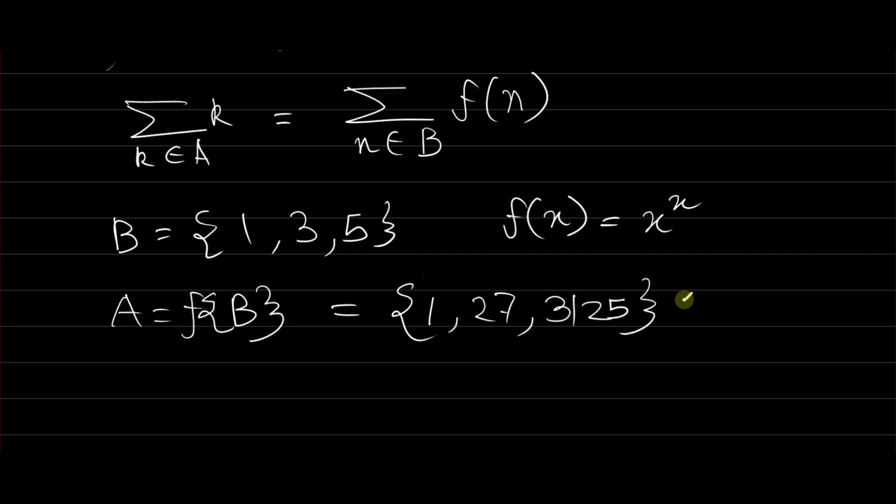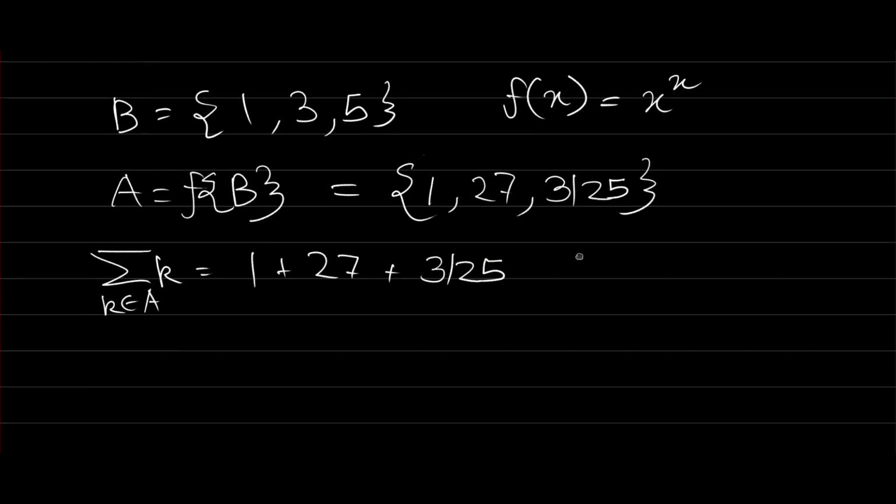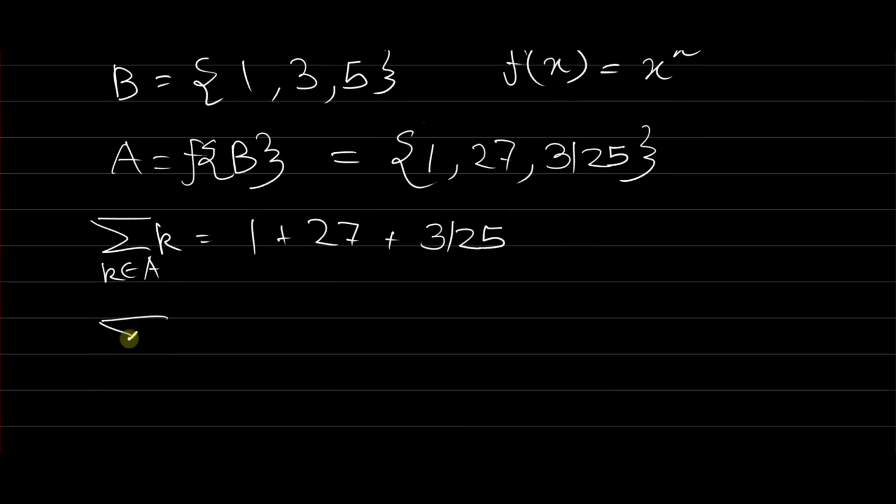So if we add all elements of this set A, sigma k belongs to A, k is equal to 1 plus 27 plus 3125. And if we add n belonging to B, f of n, what do we get?